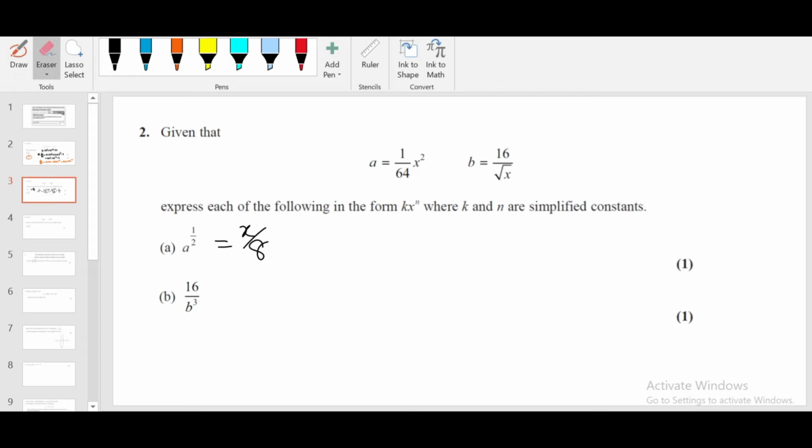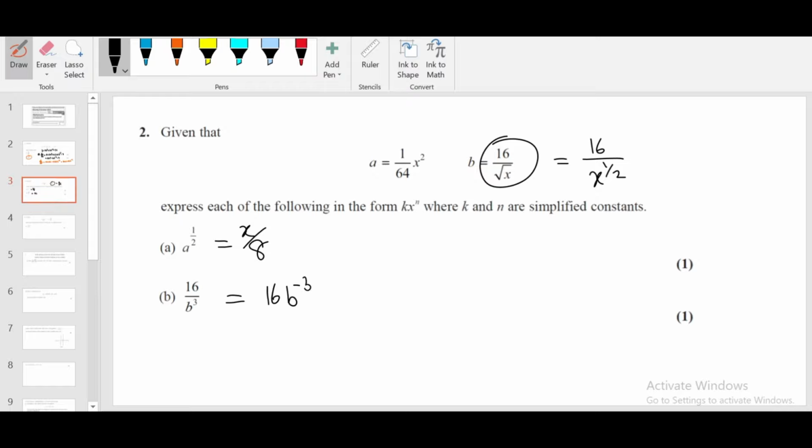Now for part B, first you can write b as 16 over x power half. They want you to calculate 16 over b cubed. You can write it as 16 b power minus 3, which is 16 times 16 over x power half, power minus 3.